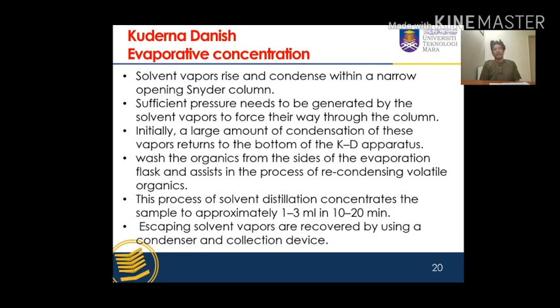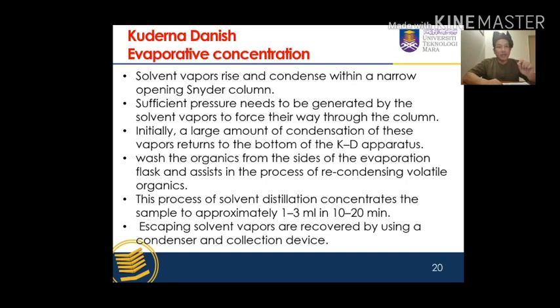In the Danish evaporative system, the vapor then rises and condenses within the narrow-opening Snyder column. In this situation, sufficient pressure needs to be generated by the solvent vapor to force its way through the Snyder column. Initially, a large amount of this vapor condenses and returns to the bottom of the Danish apparatus.